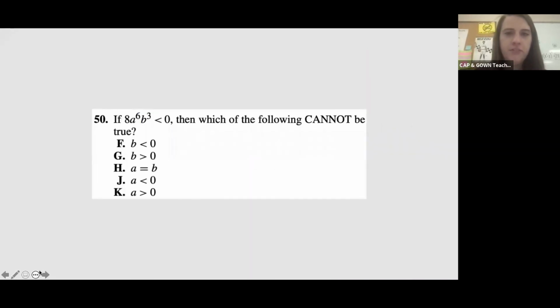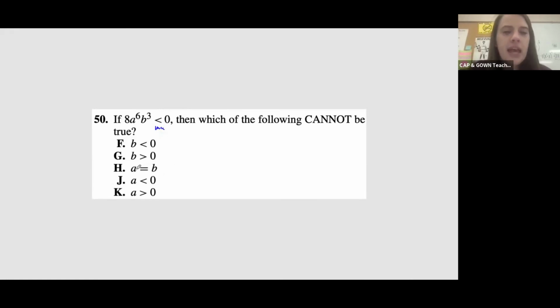All right, number 50. It says if 8 times a to the 6 times b to the 3rd is less than 0, which of the following cannot be true? Especially in cases like this, if you're unsure, plug it in, okay? You want to start thinking about negative numbers because it's saying less than 0.